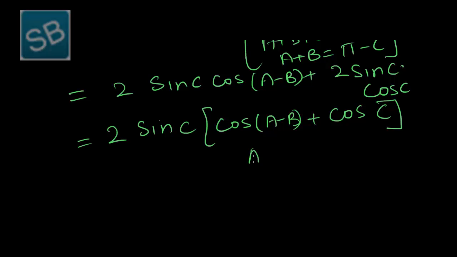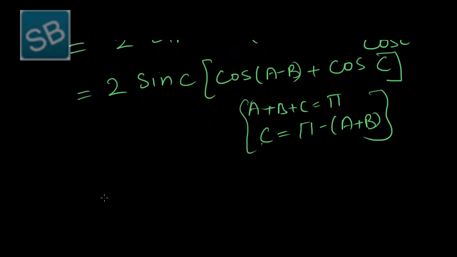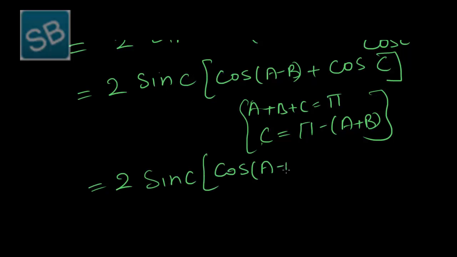So as we have a plus b plus c is equal to pi, we will get the value of c as pi minus (a plus b). That is, we get 2 sine c cos of a minus b plus cos of pi minus (a plus b).